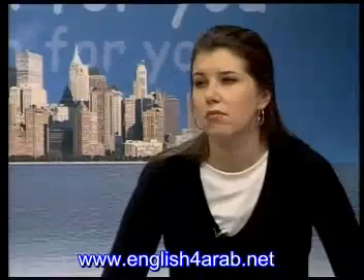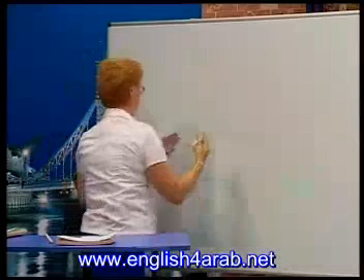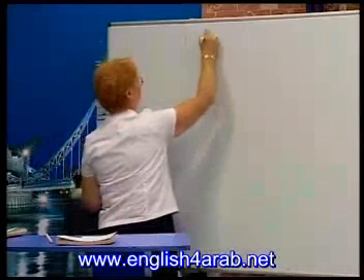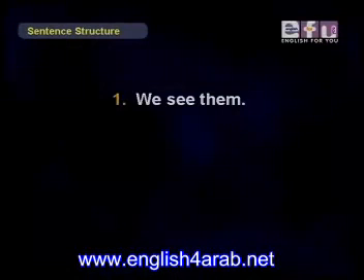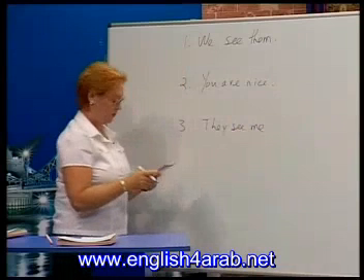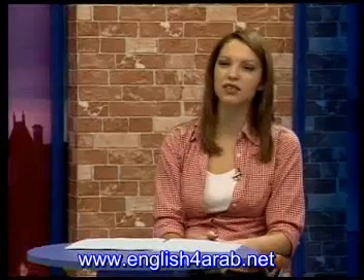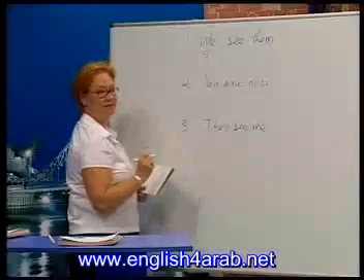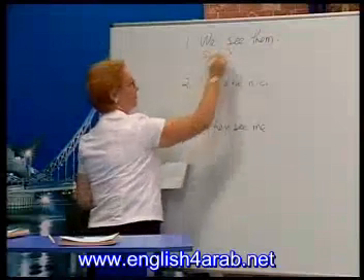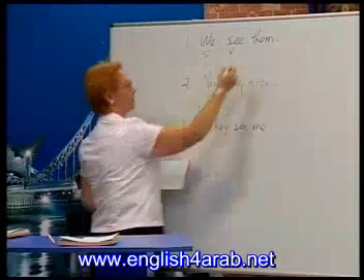Okay, now a little bit more practice. Get 3 more sentences and then you can tell me what they are. Okay, here's one. And here's the 3rd one. Okay, Lisa, you do number 1. We is the subject. See is the verb. Them is the object. Yes, good.